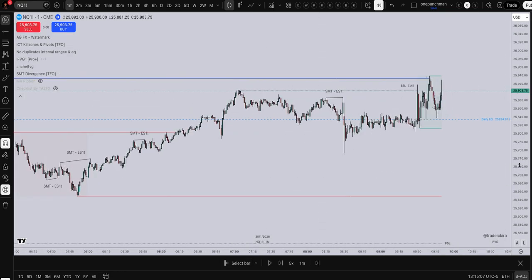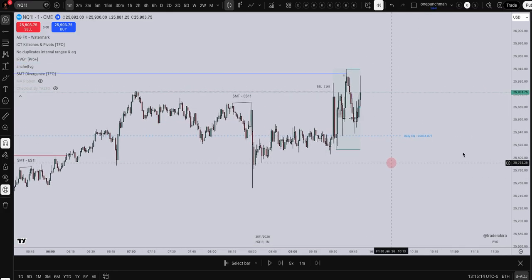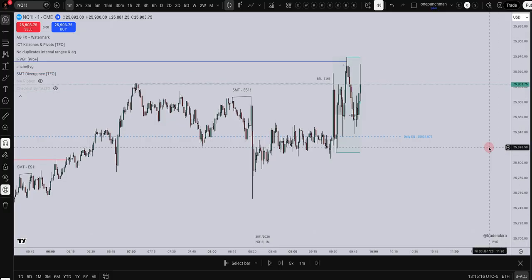First thing I'm doing when I show up to the chart, of course, is looking to see where the daily EQ is. A lot of people use the daily bias itself. They'll go to the daily, look for internal range liquidity or external range liquidity and see where price is moving.